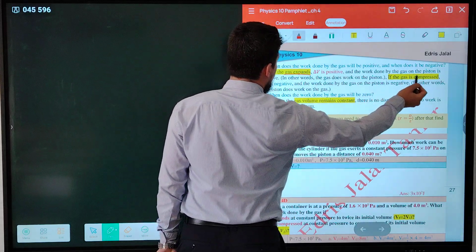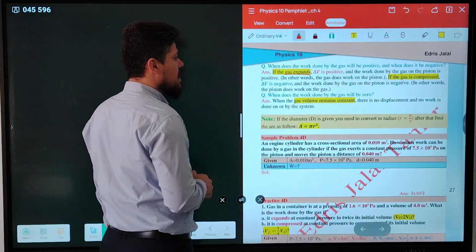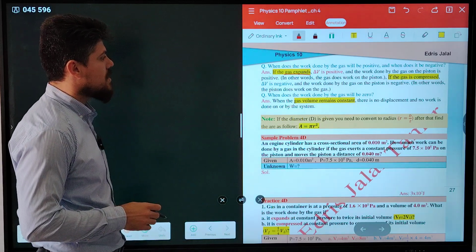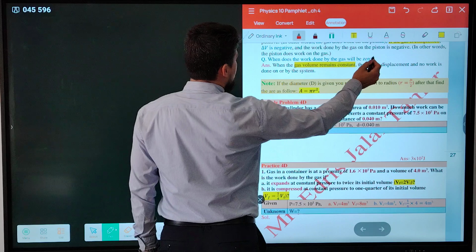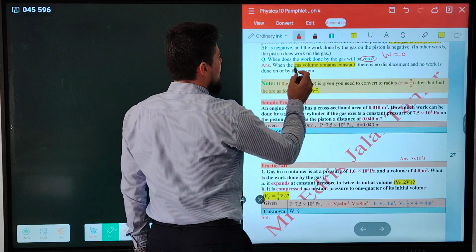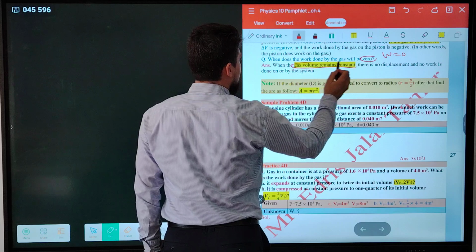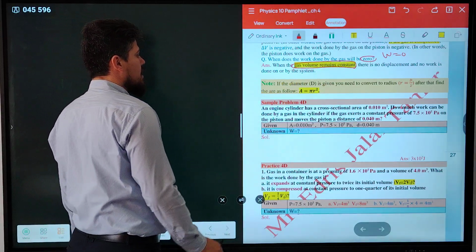It becomes negative if the gas is compressed: delta V is negative and the work done by the gas on the piston is negative. When is the work zero? When the gas volume remains constant, there is no displacement and no work is done on or by the system.